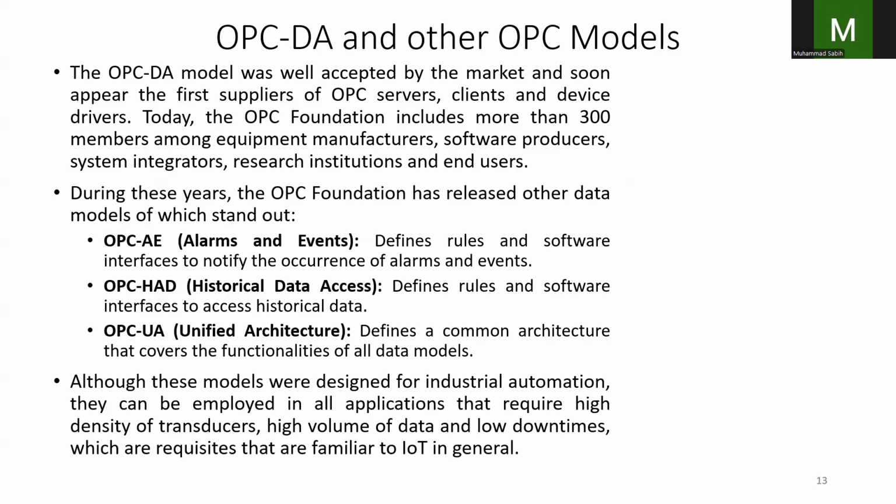The OPC Foundation now has more than 300 member organizations, including major players in system integration, automation, and research. Over time, they also developed some additional models in the classical family. We will explore them one by one.